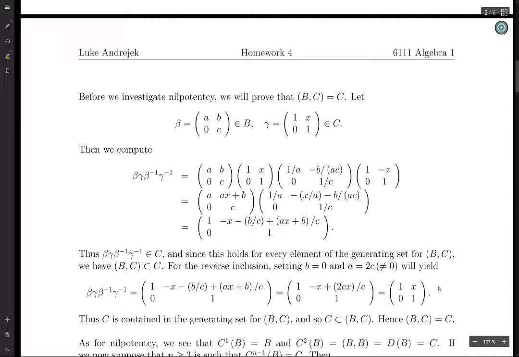Given any gamma in C, you just take beta inverse, where beta is 2c, 0, 0, c, and it doesn't matter what c is, you'll still recover gamma. So gamma is contained in the generating set, and so all of C is contained in there, and so we have equality.